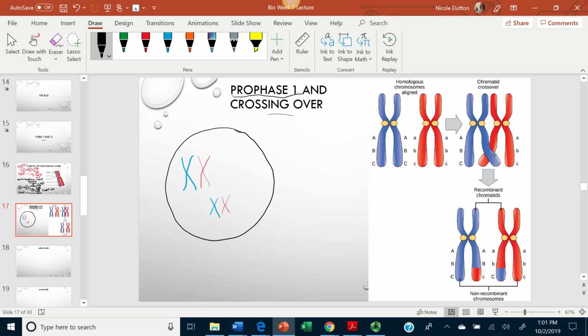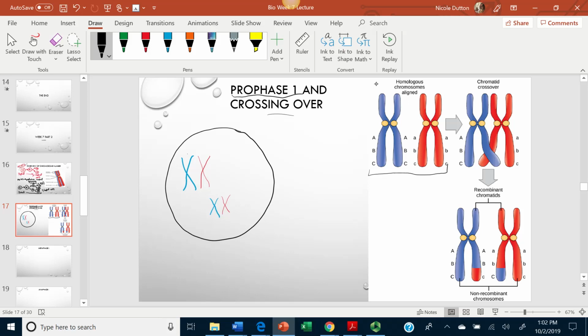Crossing over is when the distal ends of adjacent chromosomes switch, so that you first start with a complete chromosome from dad, a complete chromosome from mom, and now these are going to flip over. Now think about this being your own cell. Now your cell has half of the information from your mom and half of the information from your dad. So in your cell as an individual, this is one individual's genome.